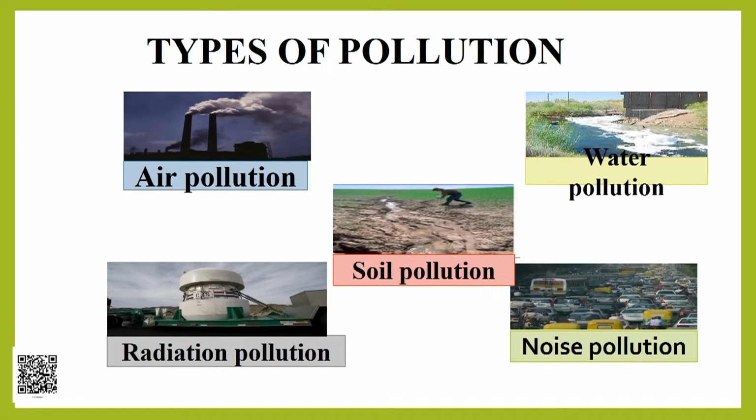We know we pollute air, water, soil and other natural resources. So, types of pollution include air pollution, water pollution, soil pollution, radiation pollution, noise pollution, thermal pollution, plastic pollution and many other types of pollution.